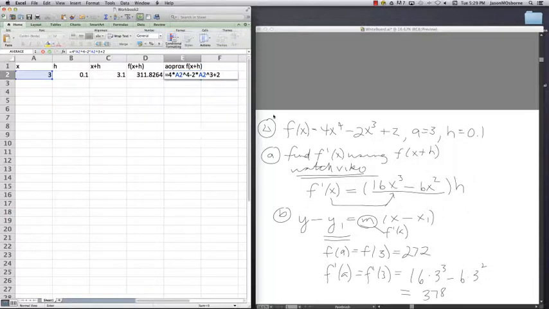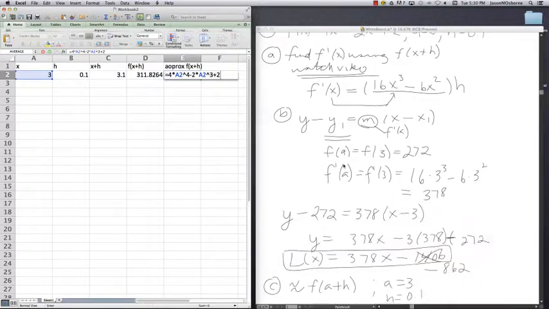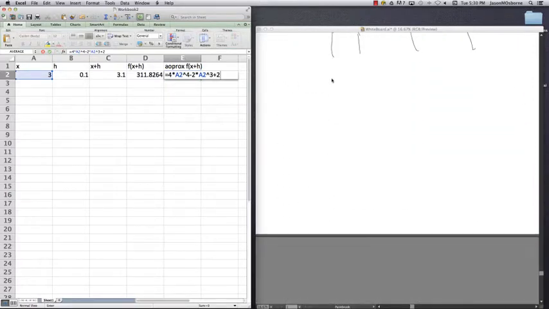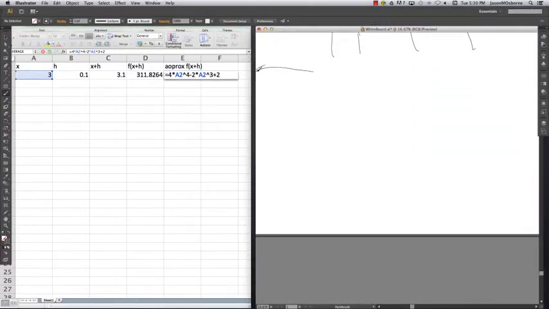So the part that we just typed right here is only f of a, okay? We need to add on for the approximation f prime of a times h.